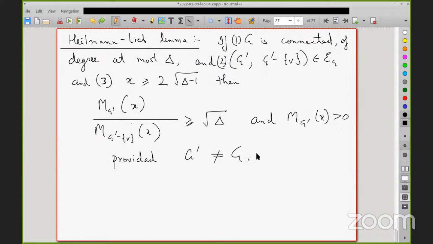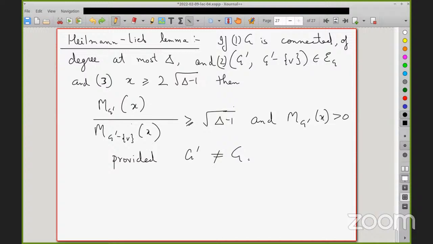So if you have such a pair in this set of graphs that is generated, and if x is at least 2 times root delta minus 1, then the ratio is bigger than or equal to the bound we want, root delta minus 1. And in particular, q of G prime of x is also positive.